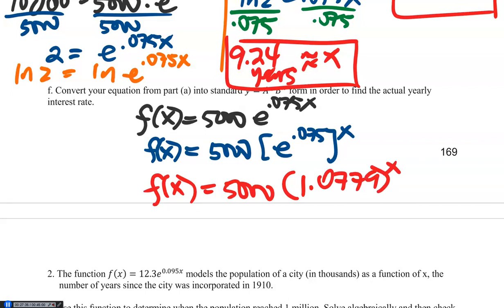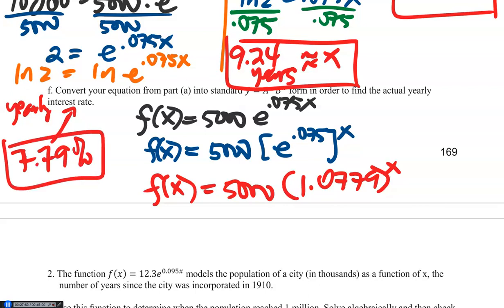And what is the actual yearly interest rate? So that is 7.79%. Okay.